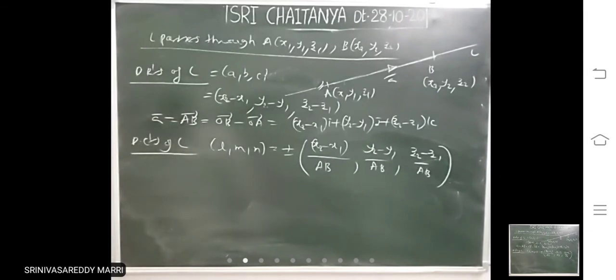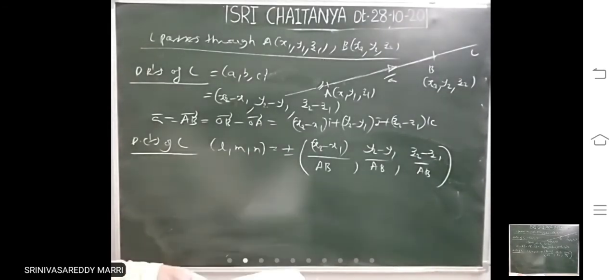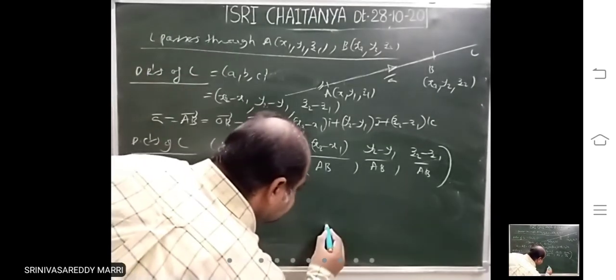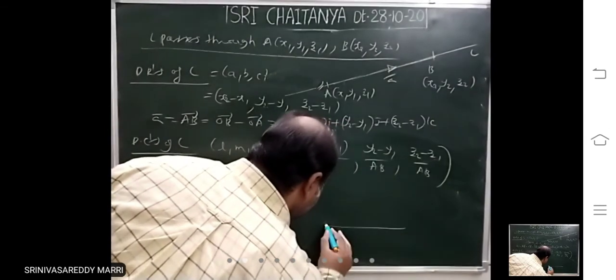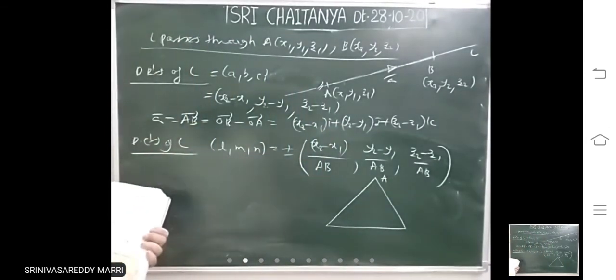Look at one problem. We came to the important part of the chapter now. Suppose a triangle ABC is given to you.